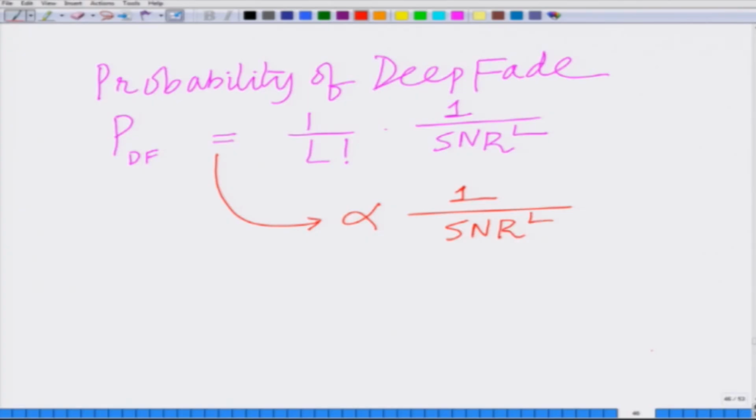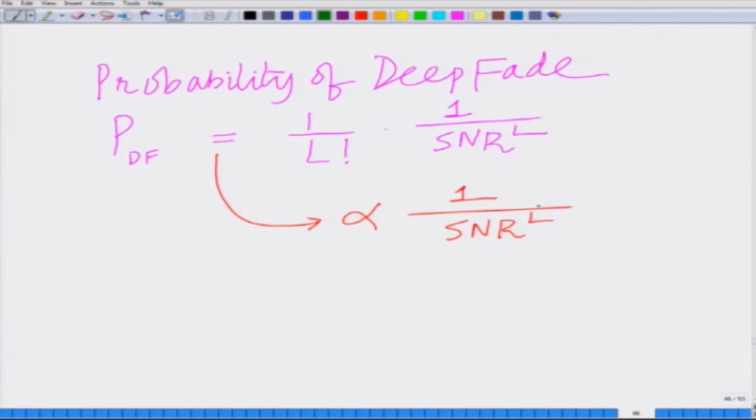So, what you are seeing here is something very interesting: the probability of deep fade is now proportional to 1 over SNR raised to the power of L, where L is the number of receive antennas.